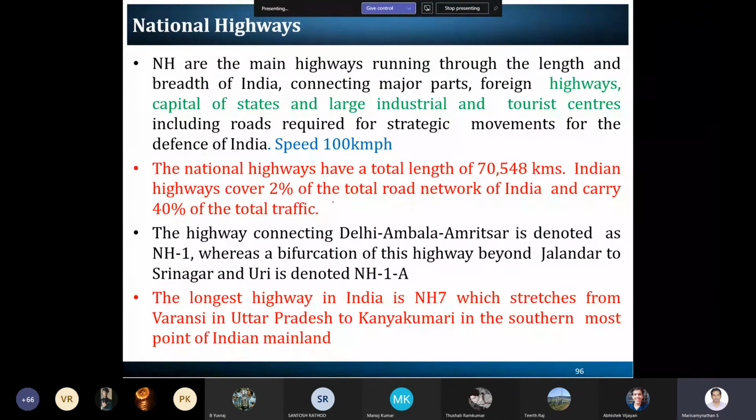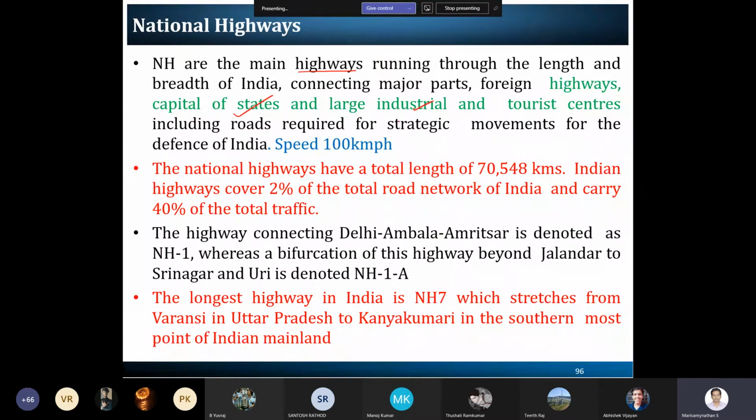The remaining terms, I'm sure you are well aware of: national highway and state highway. Basically the national highway is the main highway running through the length and breadth of India. It connects the major parts of India, like foreign highways, capitals of the states, and large industrial and tourist centers.